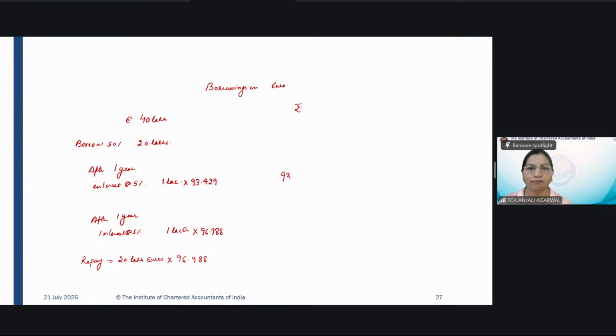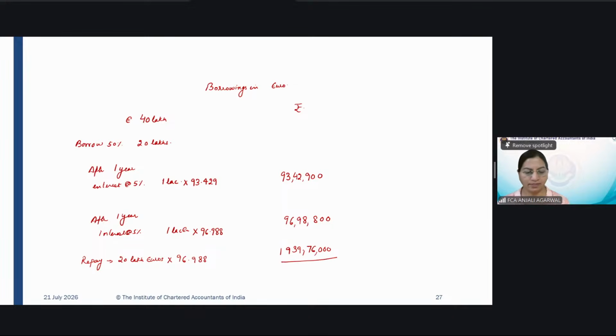So the total outflow in rupees will be 93 lakh 42,900, 96 lakhs 98,800, and 20 into 96.988, 1939.76 thousand.